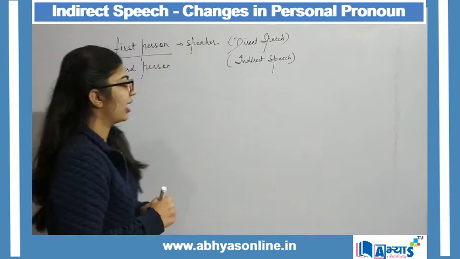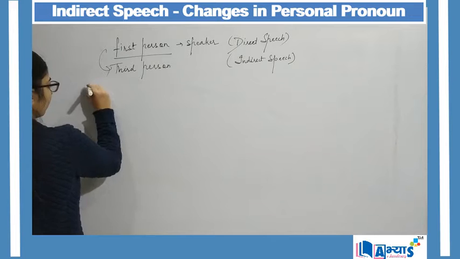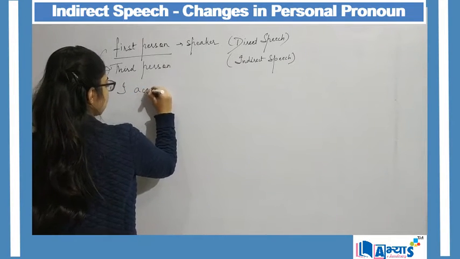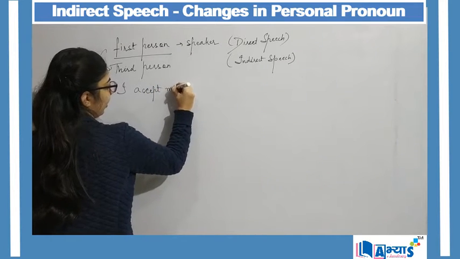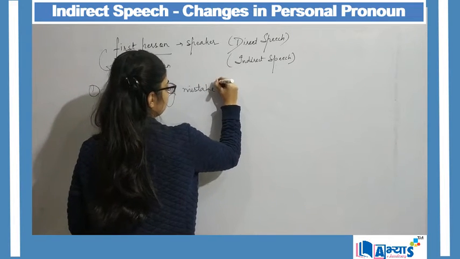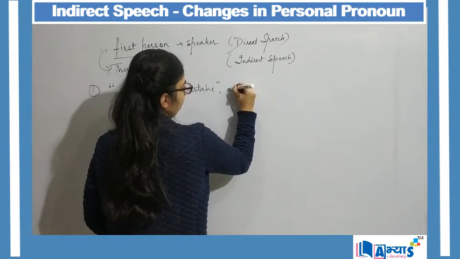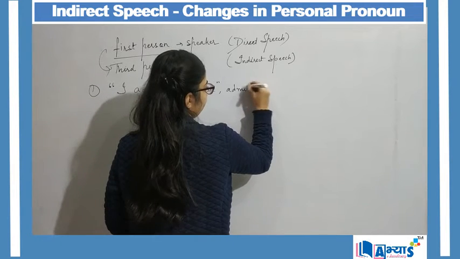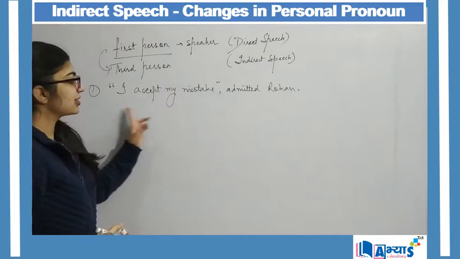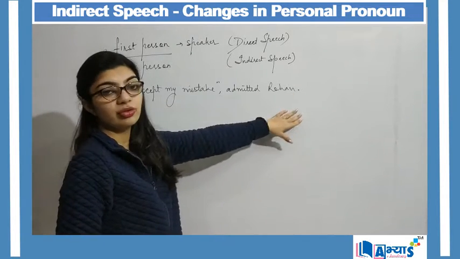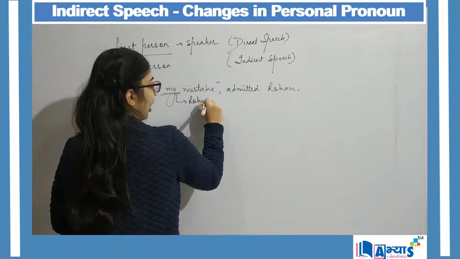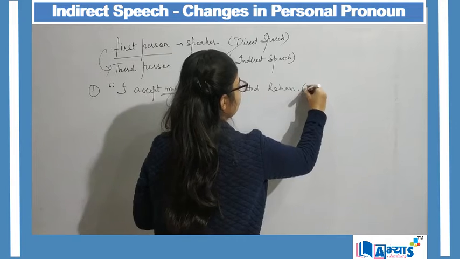For example, I say, "I accept my mistake," admitted Rohan. Now here, "my" is for Rohan, and this is my direct speech.